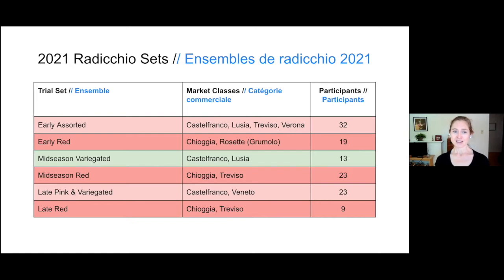Also, a lot of interest in the late pink and variegated types, because the pink ones are just so beautiful. Those can be grown either through the winter in mild climates like here in BC, or using high tunnels or other protected culture in other places. Next slide.